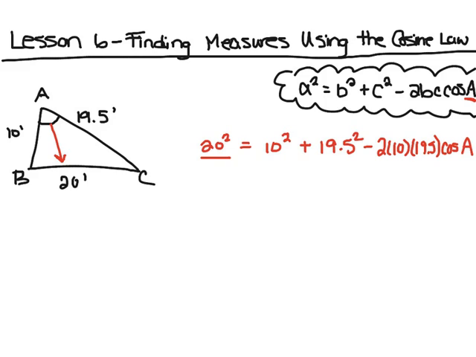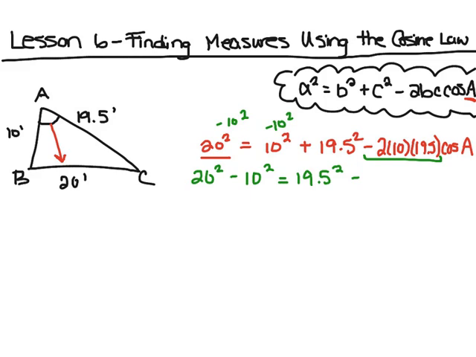Now we need to isolate A. So what we're going to do is not calculate anything, but rearrange everything. So I'm going to minus 10 squared from both sides. So we have 20 squared minus 10 squared is equal to 19.5 squared minus, now we can combine this because that might be a little bit easier.